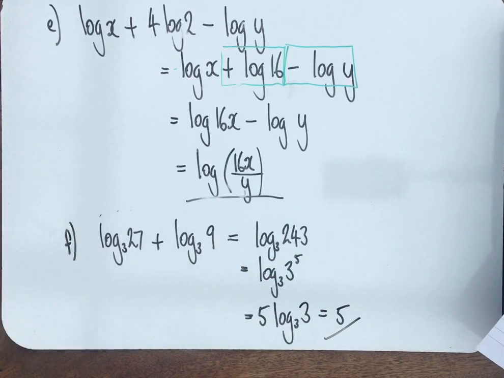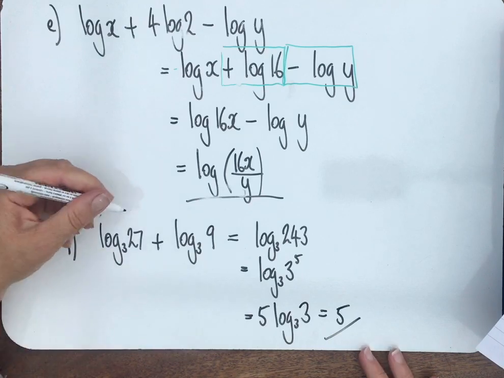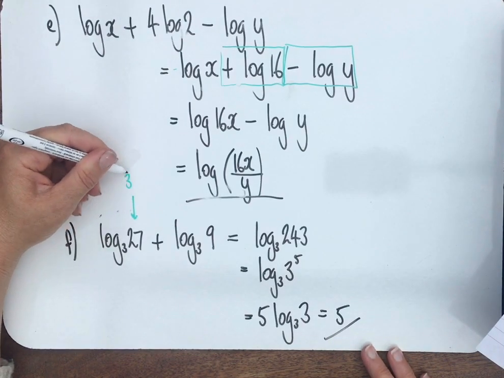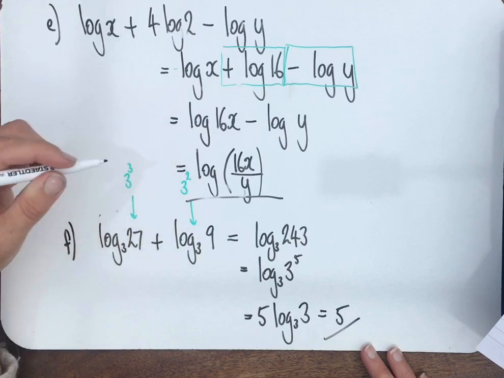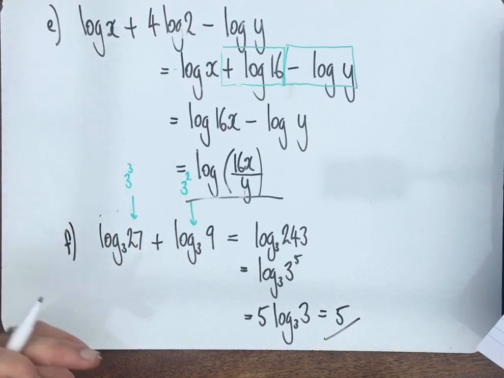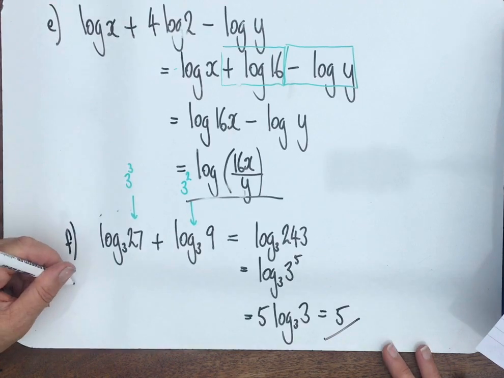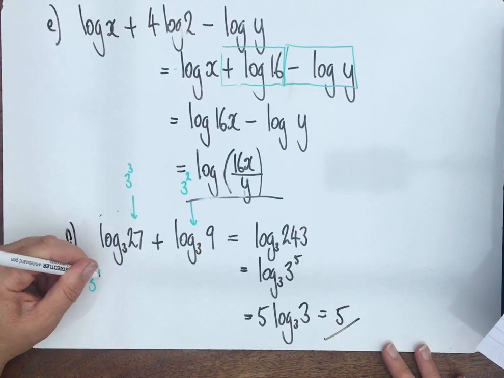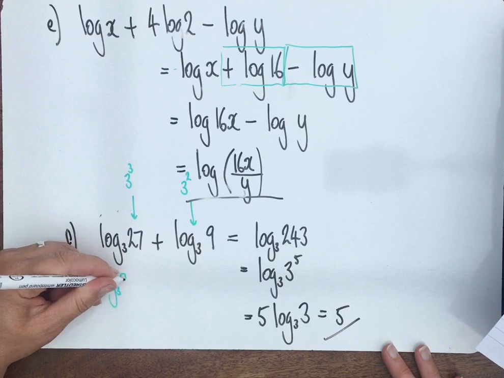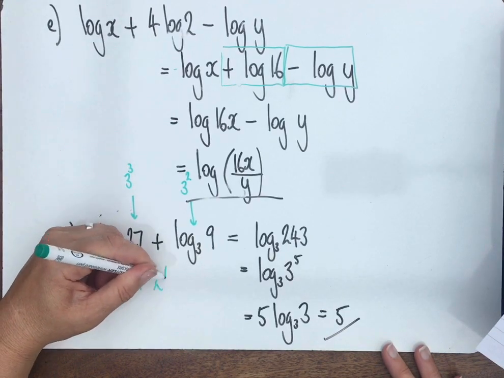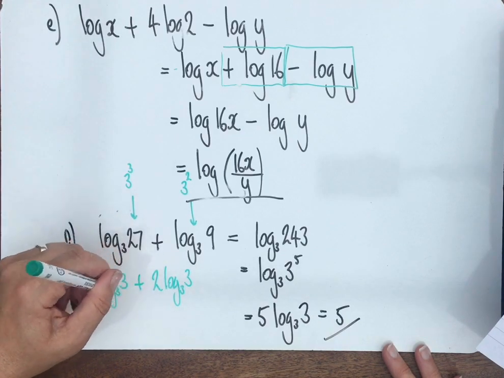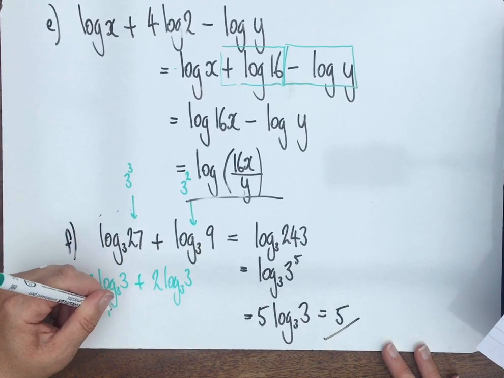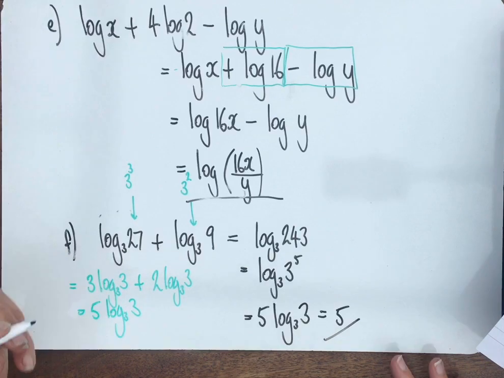Or you might spot that 27 is 3 cubed, 9 is 3 squared, and then you can bring down your powers. 3 log to the base 3 of 3 plus 2 log to the base 3 of 3, and if you've got 2 lots of something plus 3 lots of something, you get 5 lots of log to the base 3 of 3, which is 5.